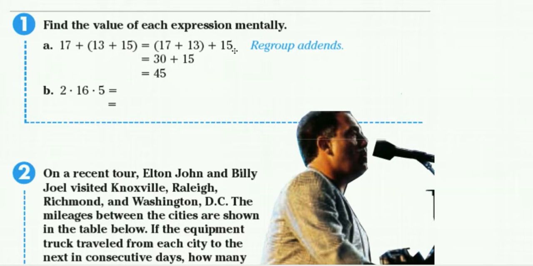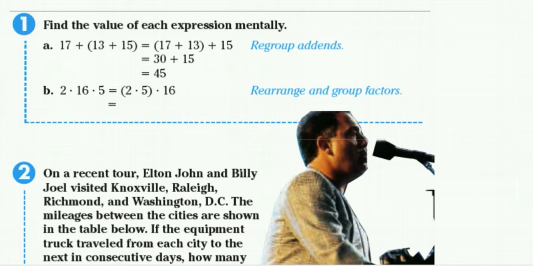7, 13, 15. And in letter B, 2 times 16 times 5, this time we are going to think about 2 times 5 together, which is an easy multiplication, which will give us 10. So we group 2 times 5 times 16. We first use the commutative property of multiplication.